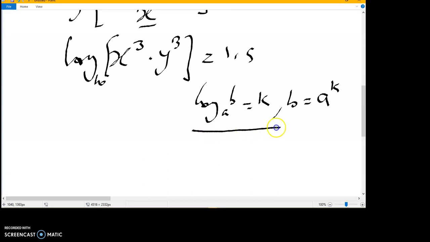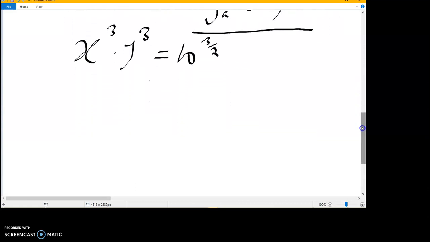So this becomes x to the power 3 times y to the power 3 is equal to 10 to the power 1.5. In fraction form, 1.5 is 3 over 2.